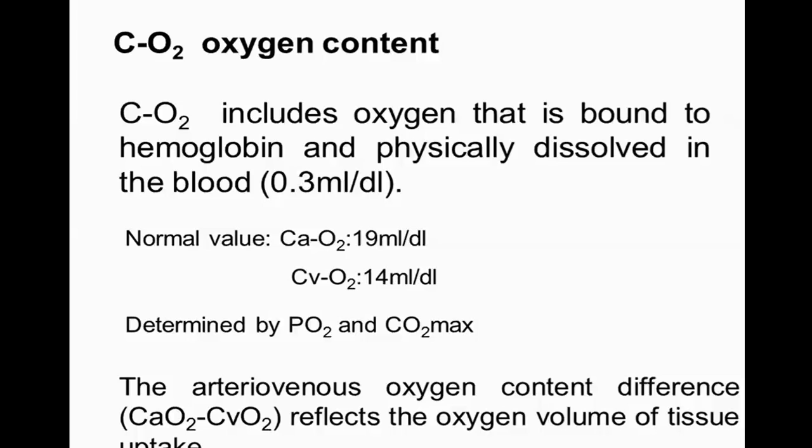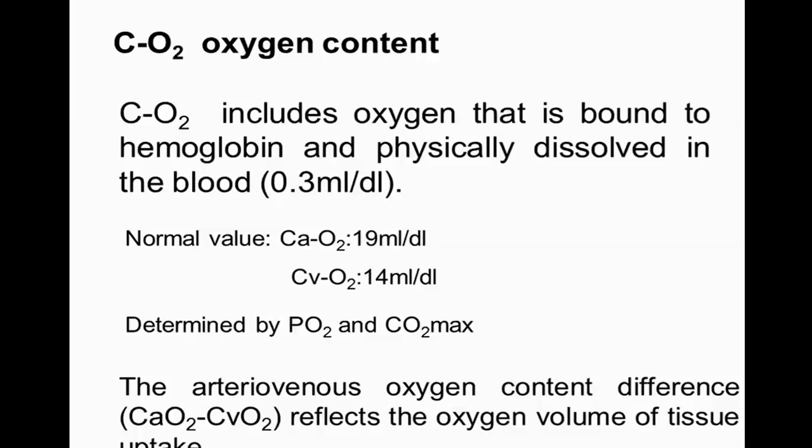The higher the PO2, the higher the oxygen content. But it is a very minimal change, because it is the dissolved part. But this dissolved oxygen will carry oxygen to the hemoglobin.